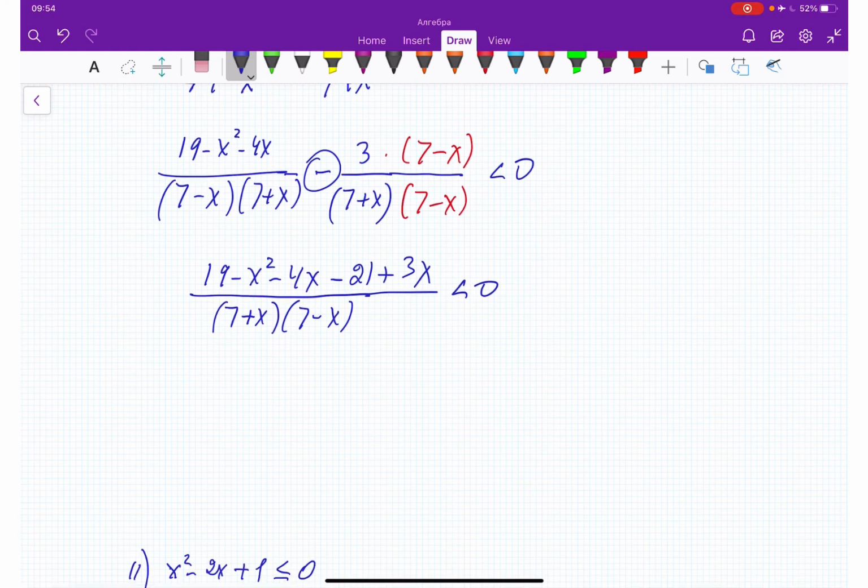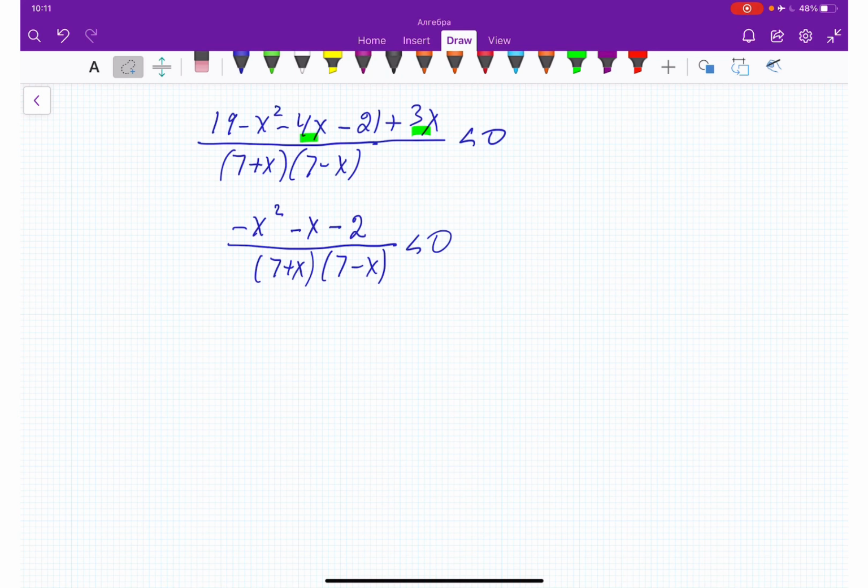Let's simplify. We are going to get negative x squared, minus x, because of like terms, right? 1x and minus 2. Here we have 7 plus x times 7 minus x, less than 0.